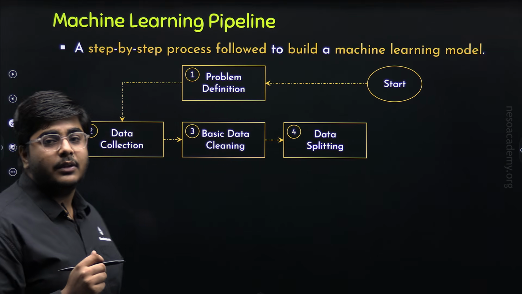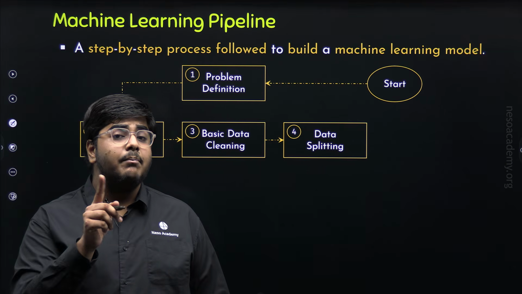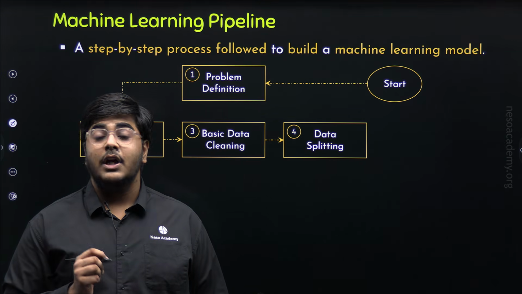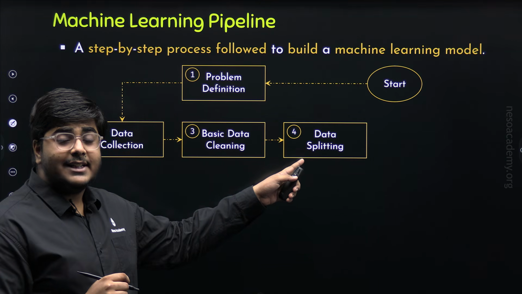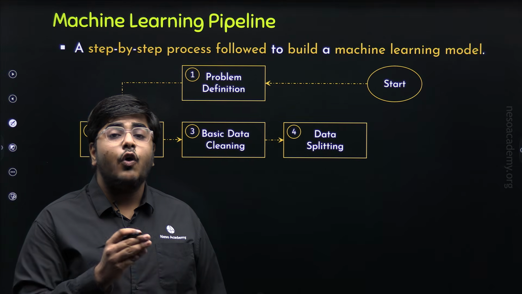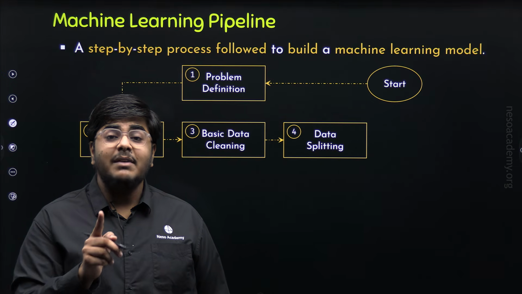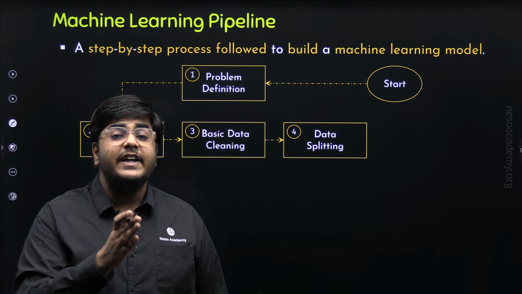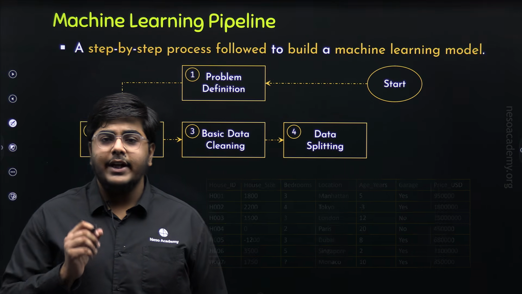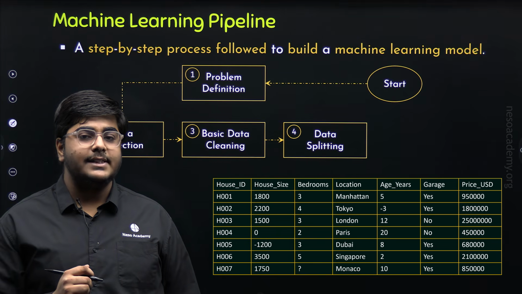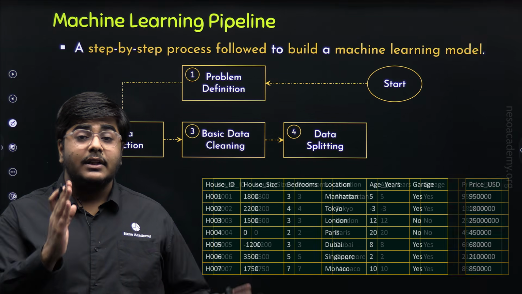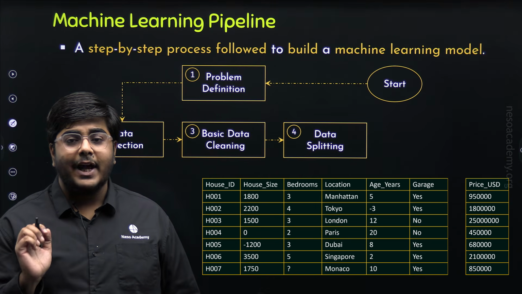Now, there is one important point that you should note. Before performing the data splitting, that is, before dividing the data into training data and testing data, we must first separate the features and labels. For example, in case of a house price dataset, we must separate the house details from the house price.